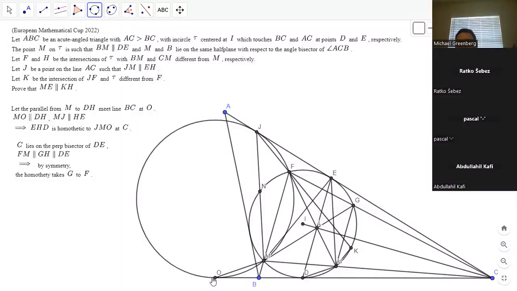That would be equivalent to showing that they're parallel. MEH, actually MHK, that is equal to EMH.